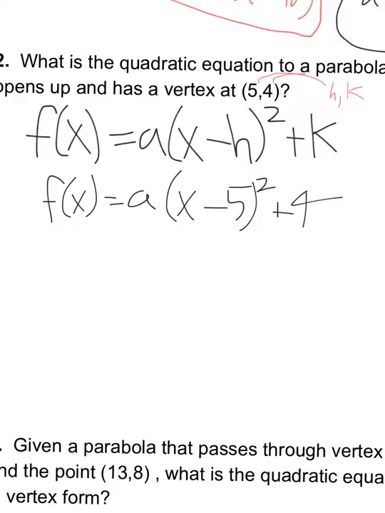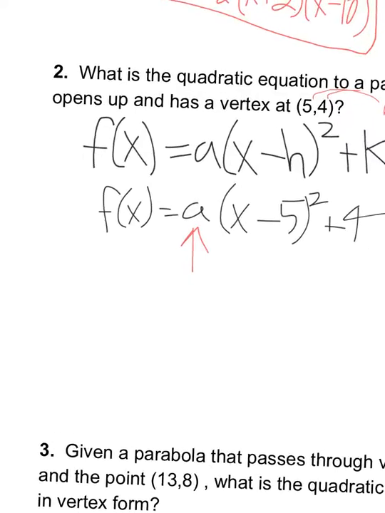And so typically we'd have to figure out this value of a, right, to get the equation, just like we did on number 1. But we're not given any other points. All it says is that it opens up. So with it opening up, a can be any positive number. And that's really all there is to say about number 2.